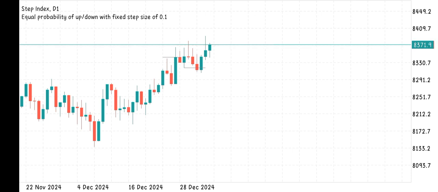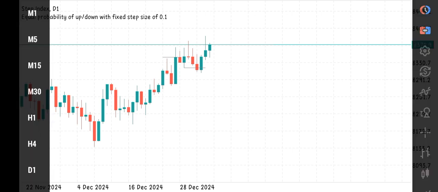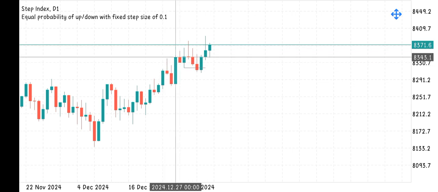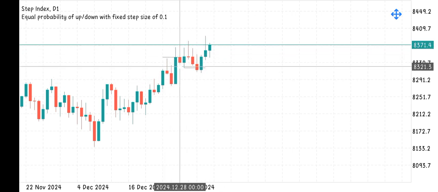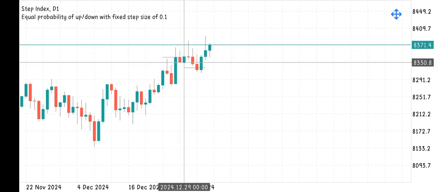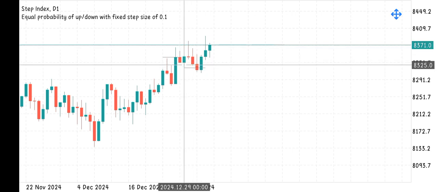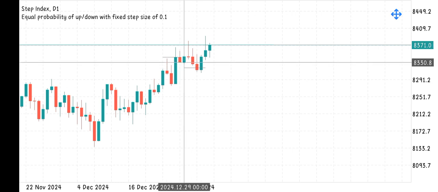Now let's look at step index daily time frame. I would love to introduce the concept of internal and external range liquidity, but let's just work with what we have first. We have a break of market structure here, and here. We have liquidity resting below this range, and the market has taken out this liquidity.